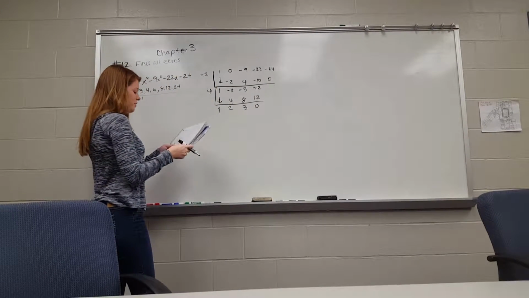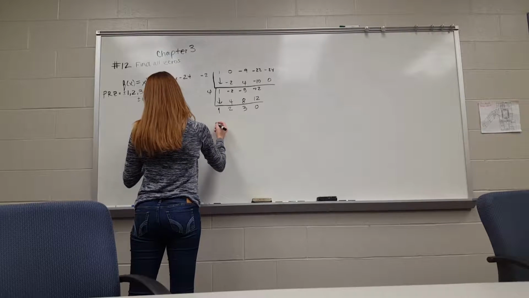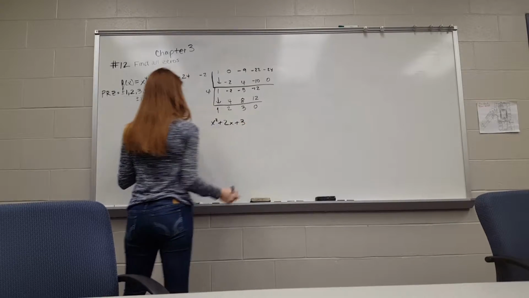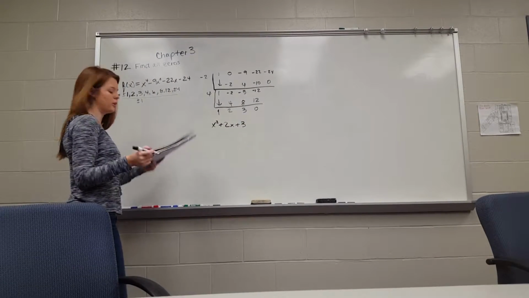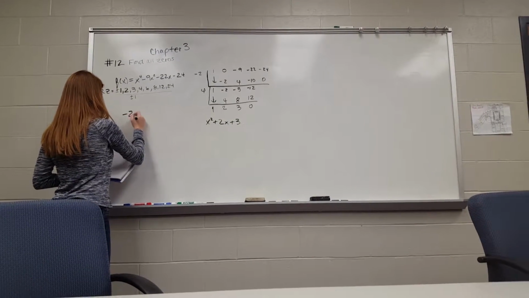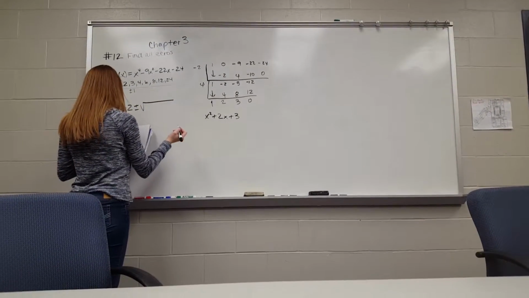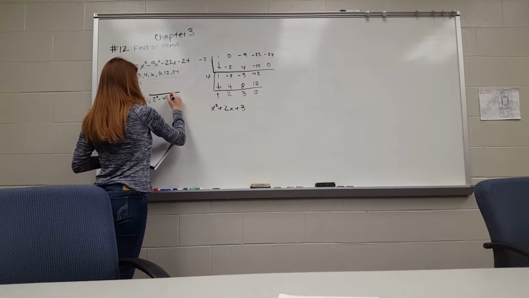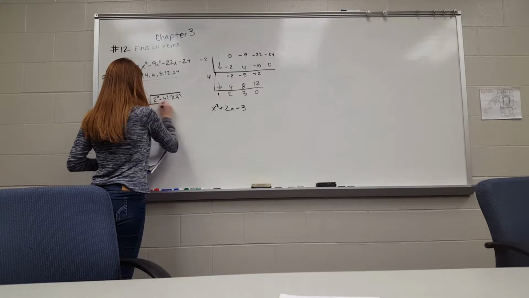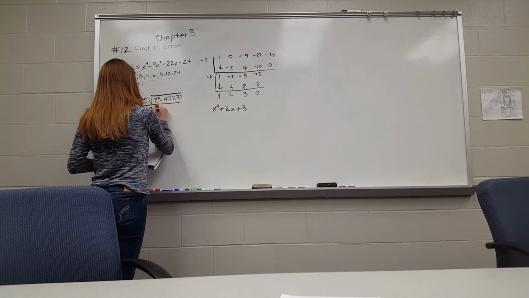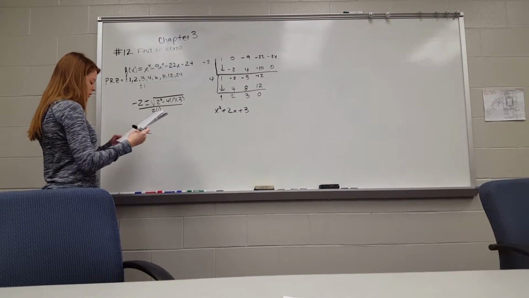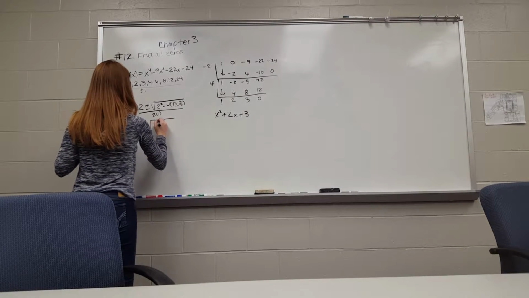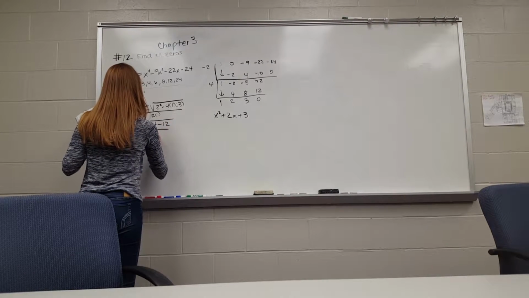And then after that you can't break it down anymore, so you get left with this equation. So you get x squared plus 2x plus 3. And then you have to do the quadratic formula. And you have to do what's under the radical first, and you get -2 plus or minus 4 minus 12 divided by 2.